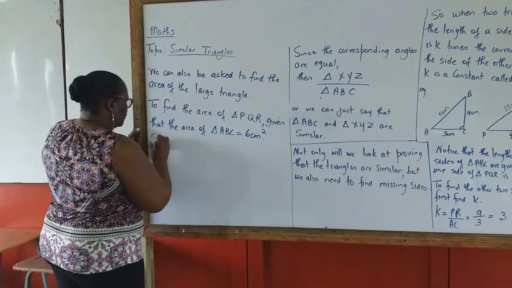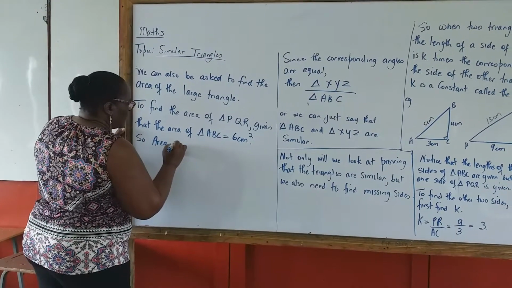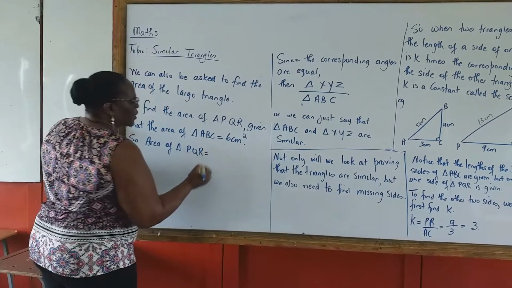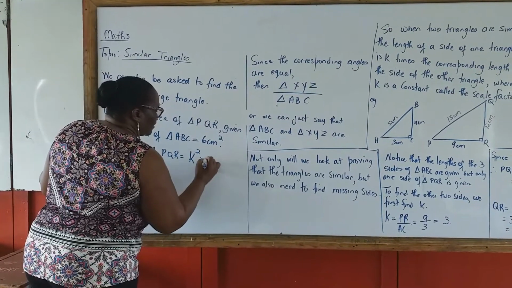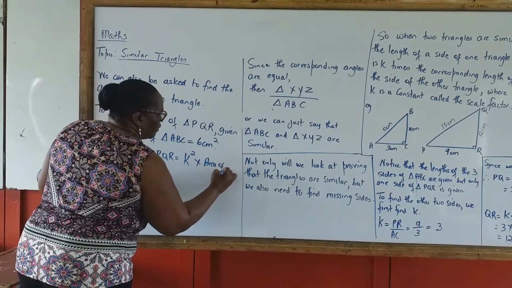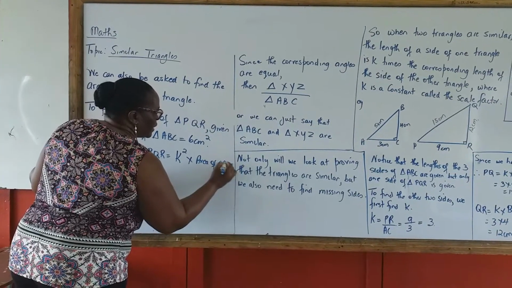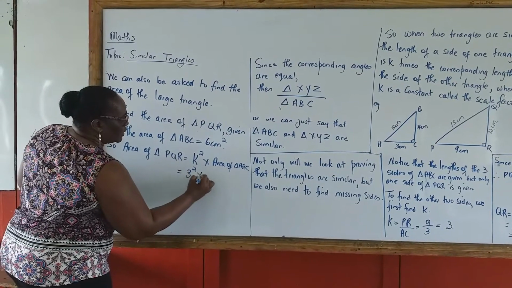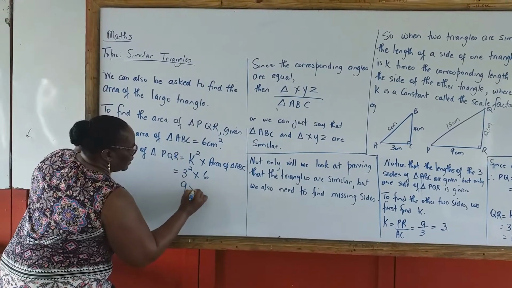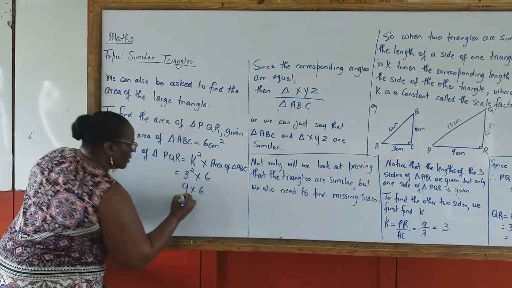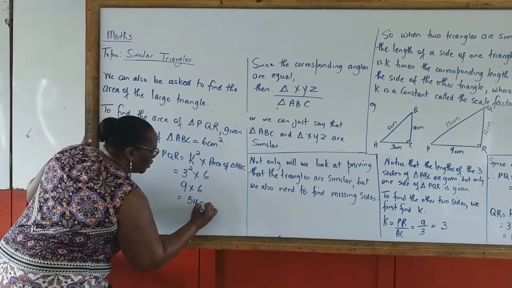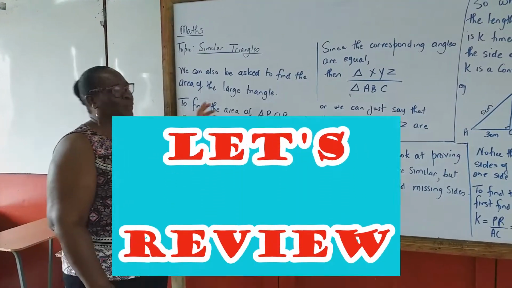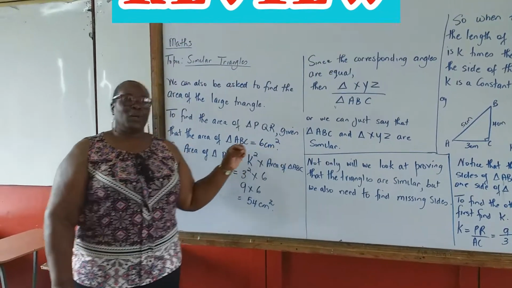So the area of triangle PQR is equal to K squared times the area of triangle ABC, which is equal to 3 squared times 6. 9 times 6 equals 54 centimeters squared.